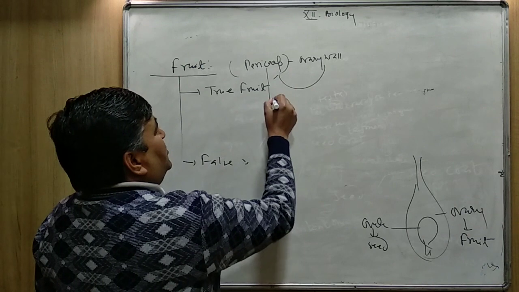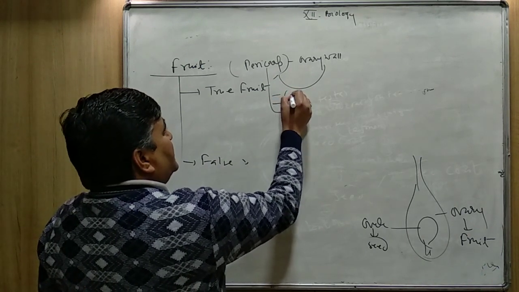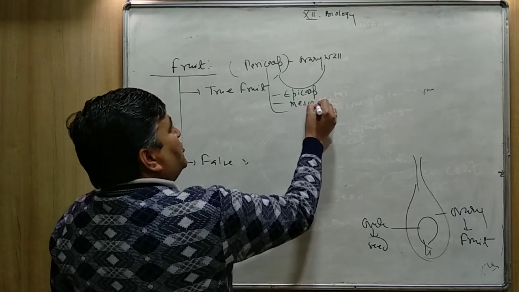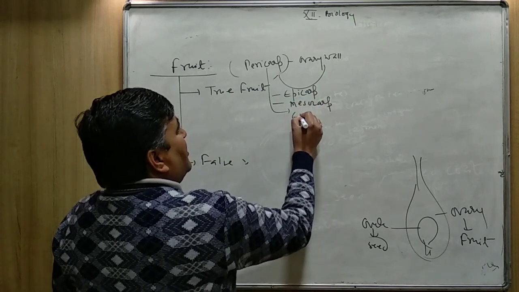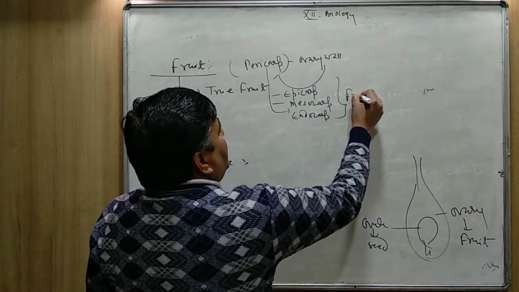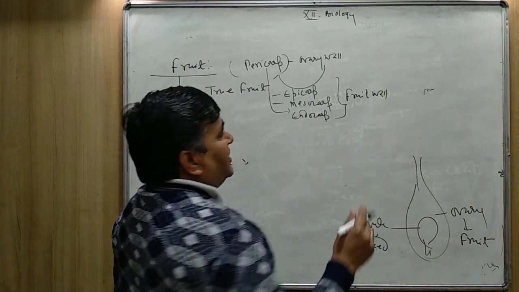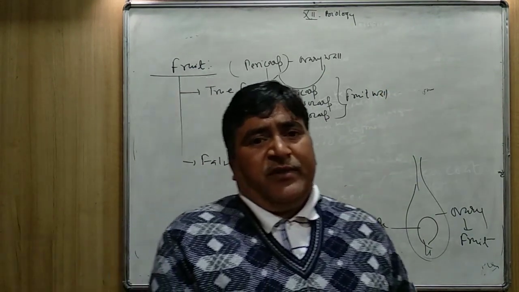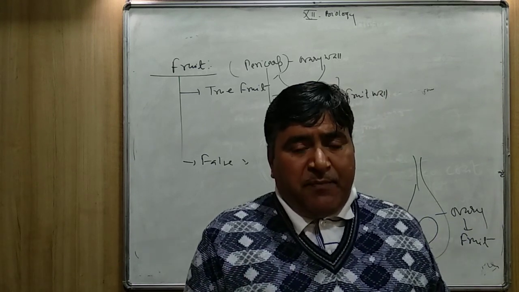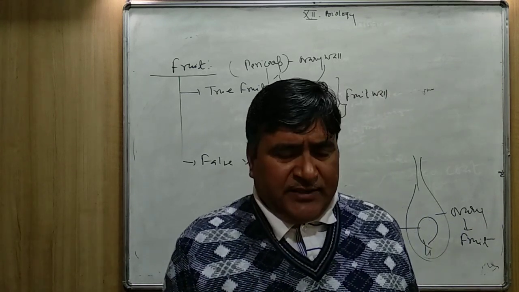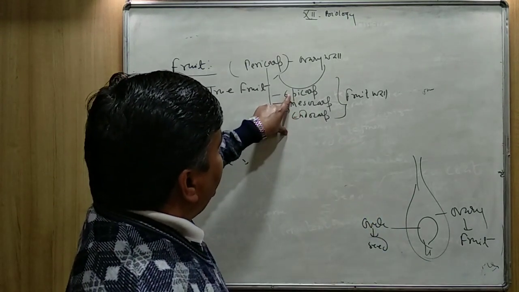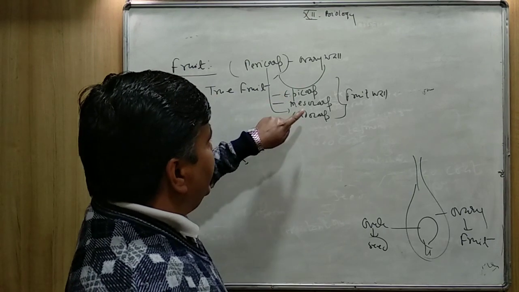The pericarp also, how many parts are there? 3 parts: epicarp, mesocarp and endocarp. Pericarp, you can consider it as the fruit wall. And the pericarp has how many parts? 3 parts, epicarp, mesocarp and endocarp.